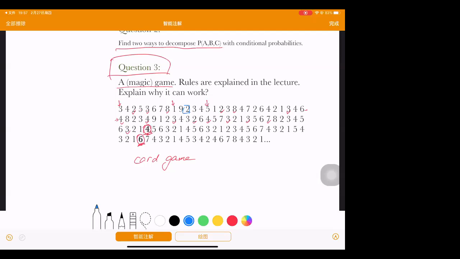So these are the rules, right? Can you use the Bayesian process to explain why this magic can work?